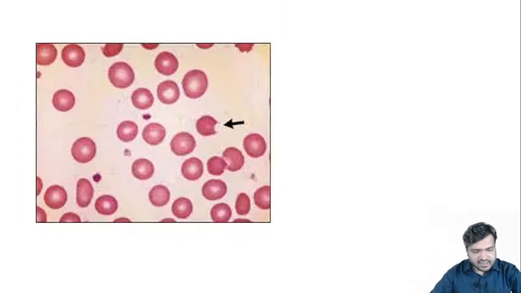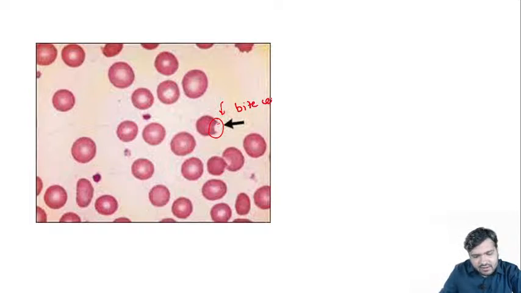Coming on to the next, guys. Now you can see that this part looks like it has been eaten. So yeah, that is the bite cell, guys. You can see a bite cell over here, and you can see the normal RBCs, and some other structures which look bitten. These are the bite cells, guys.